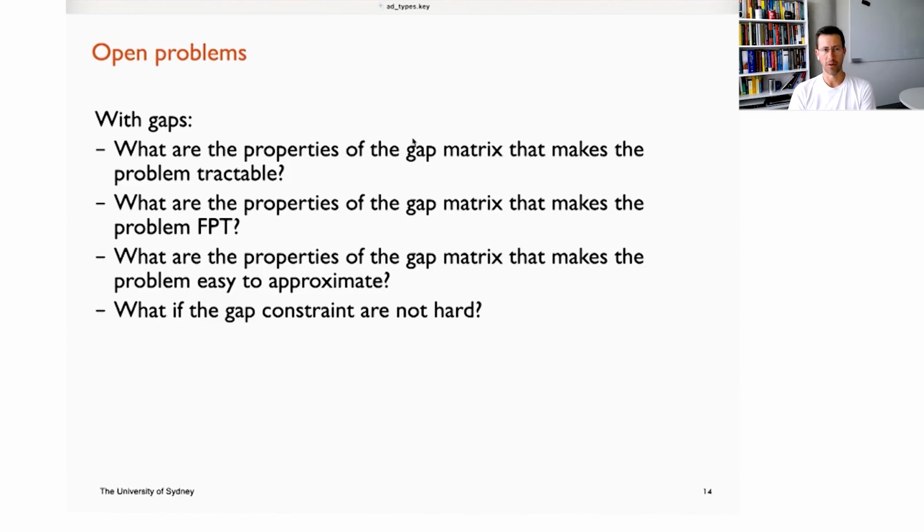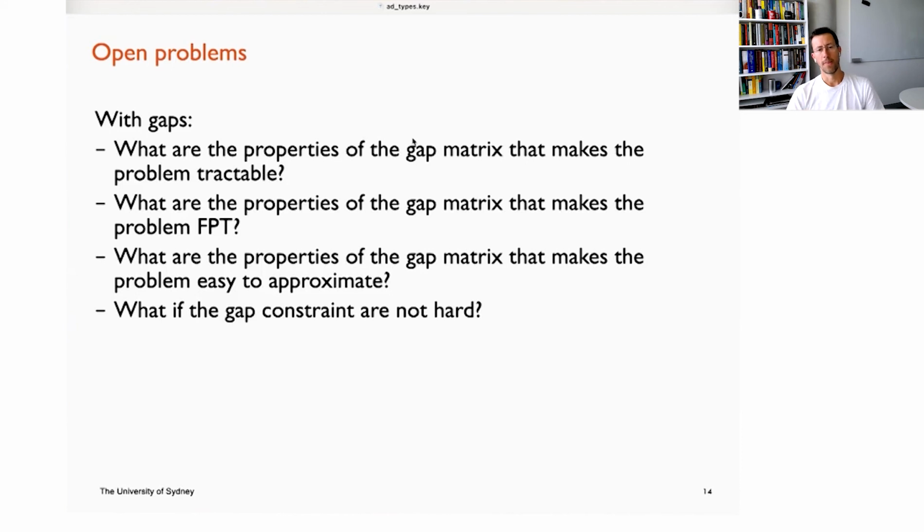So we can solve that problem. Are there any other tractable classes of gap matrices that we can define? And what are the properties of the gap matrix that makes the problem FPT? So right now we have an algorithm that runs in n to the 2k plus 1 for the gap case. That's not quite fixed parameter tractable.